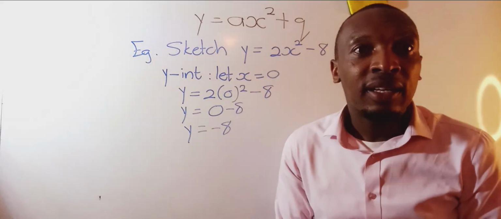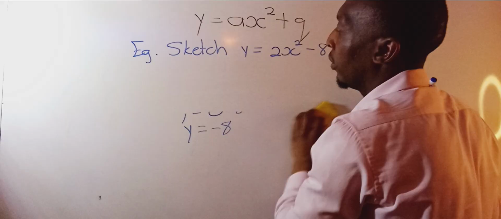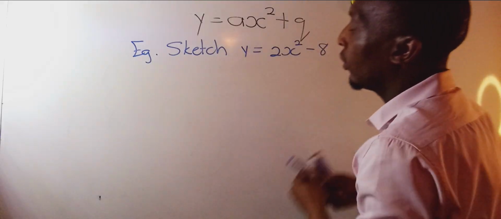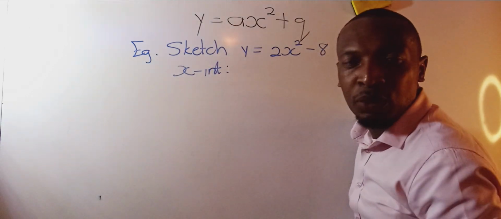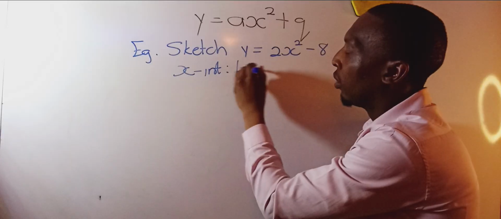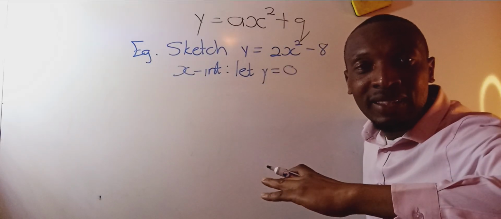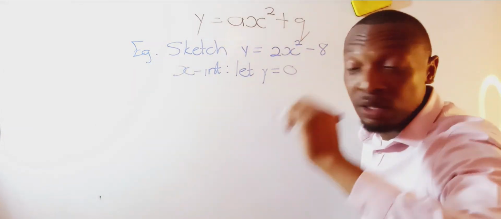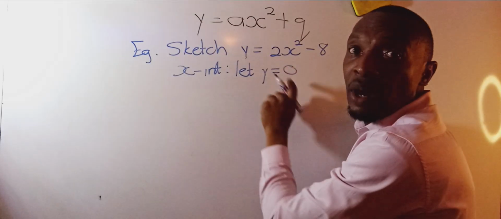Let's find the x-intercept, okay? X-intercept, what do we say? We say let y equal to 0. Why? Because every point on the x-axis has a y-coordinate of 0. So I go here, where I see a y, I'm going to put a 0.